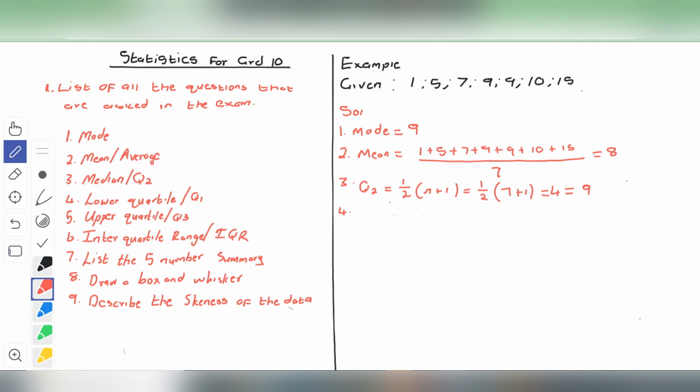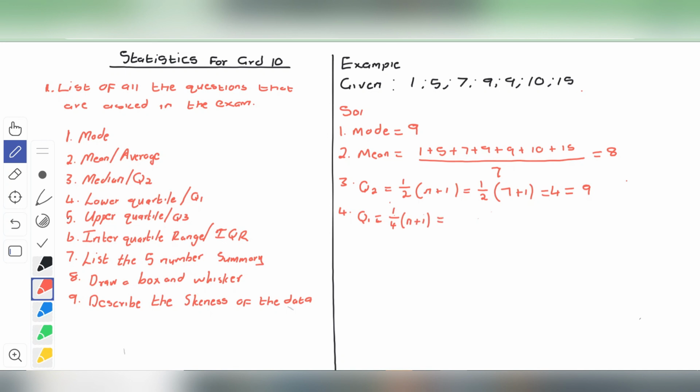So now let's come to determine the lower quartile or Q1. How do we determine Q1? Also Q1 has a formula, whereby we call that formula the navigator. For Q1, the formula is 1 over 4 into n plus 1, right?